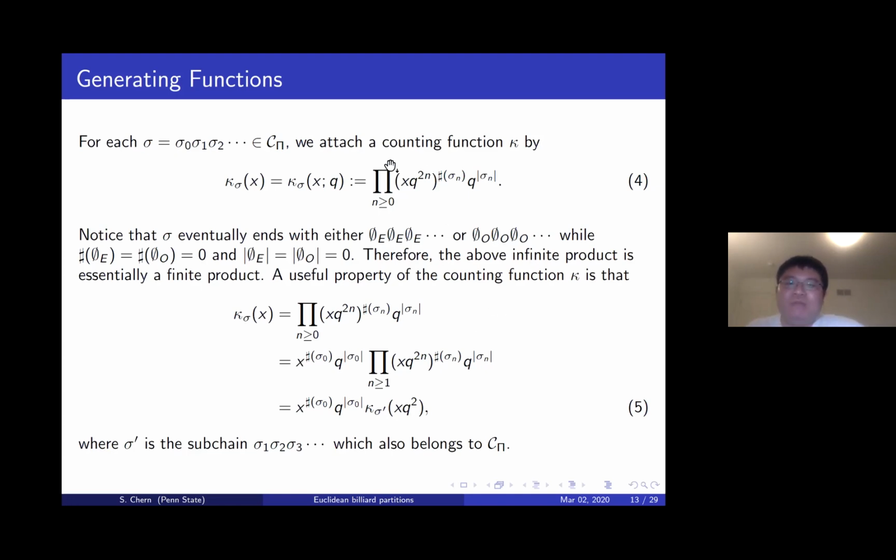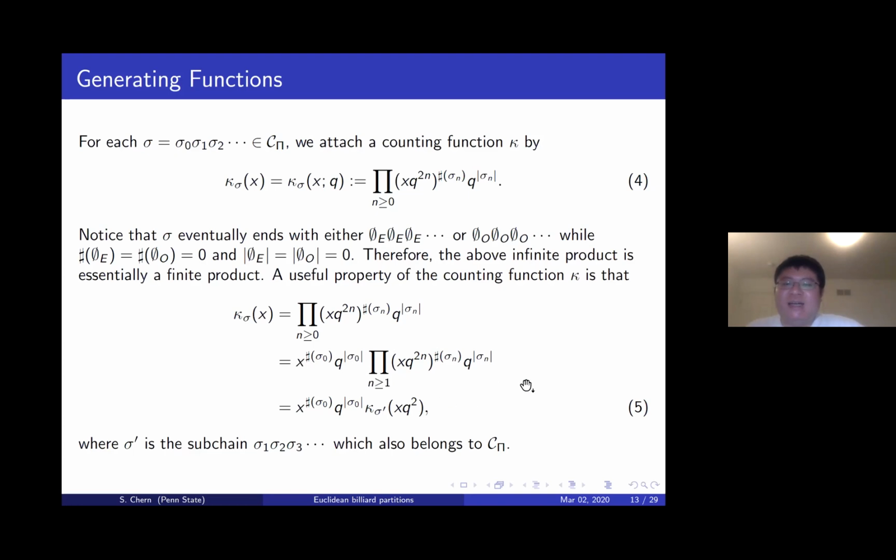So from this infinite product, we may first take out the first term for n equal to 0. Then we have x to the power of sharp of sigma naught times q to the power of value of sigma naught. And then we have this infinite product that starts at n equal to 1.